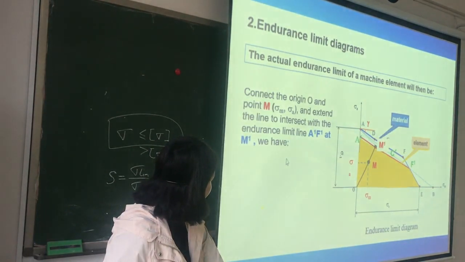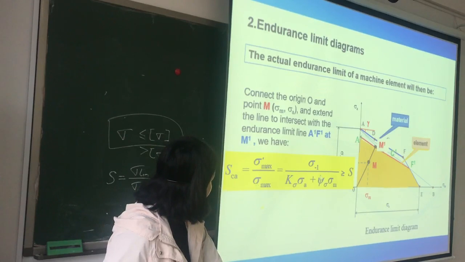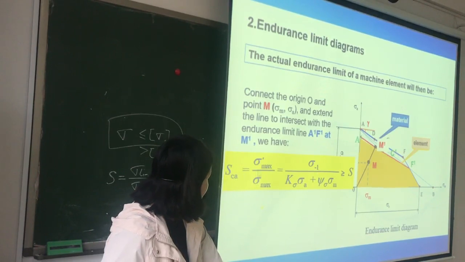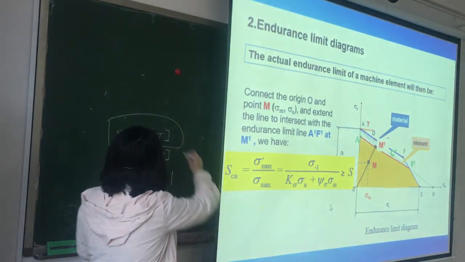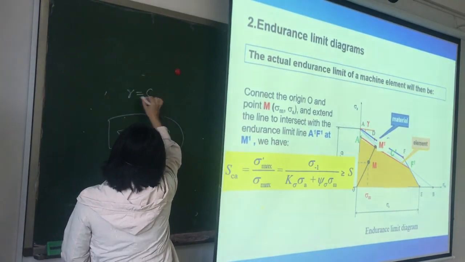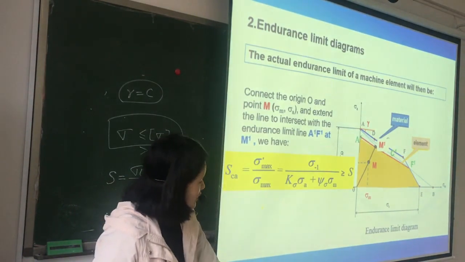Okay, we have the safety factor expressed like this, and we can calculate it, and the safety factor should be larger than the allowable safety factor, and this is for the condition R is constant. Okay, R is constant, and the stress ratio is constant.